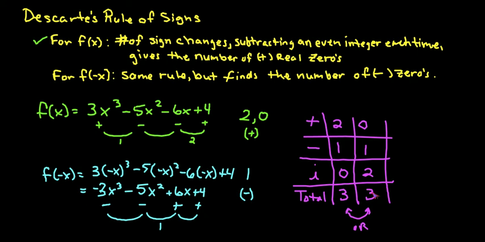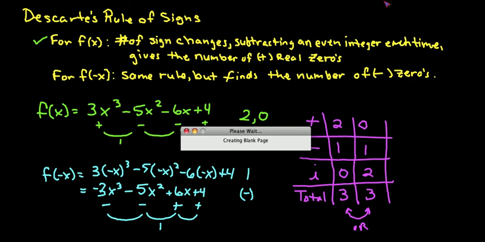Now we also have one other one that we can use to kind of shorten things up a little bit, and that's going to help us find upper and lower bounds. So upper and lower bounds. All upper and lower bounds is doing is this.